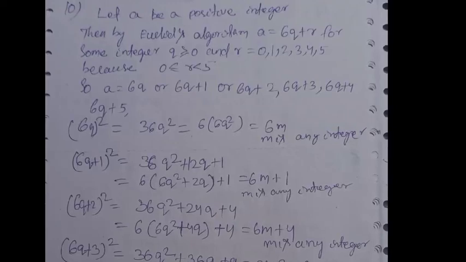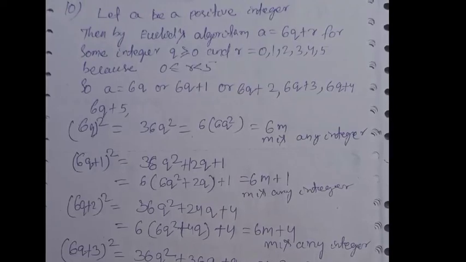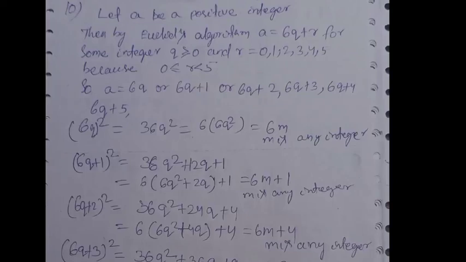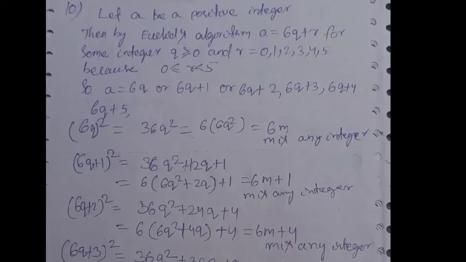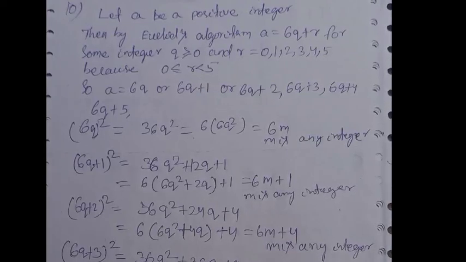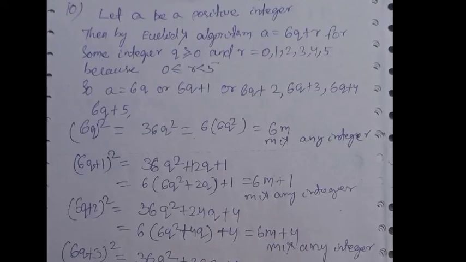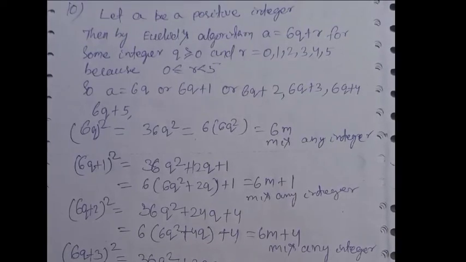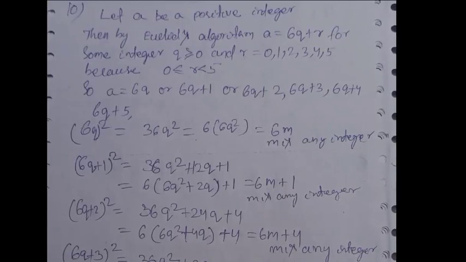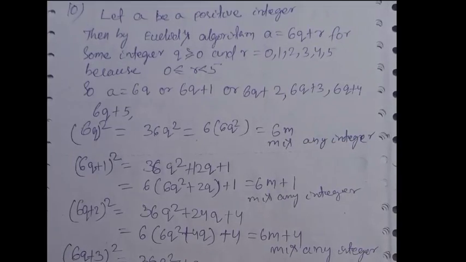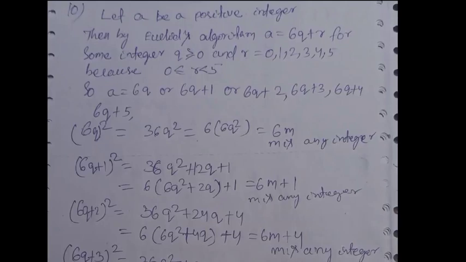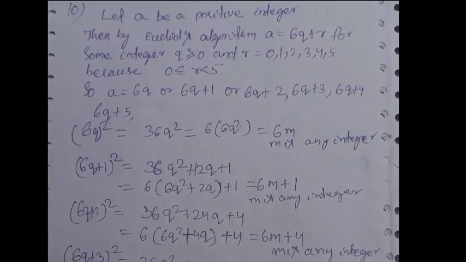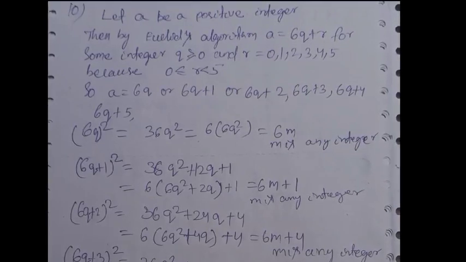(6q)² equal to 36q². After taking 6 common, 6(6q²), it is in the form of 6m. M is an integer. M is equal to 6q². Then (6q+1)², that is 36q² + 12q + 1. Then after taking 6 common, 6(6q² + 2q) + 1, it is in the form of 6m + 1.